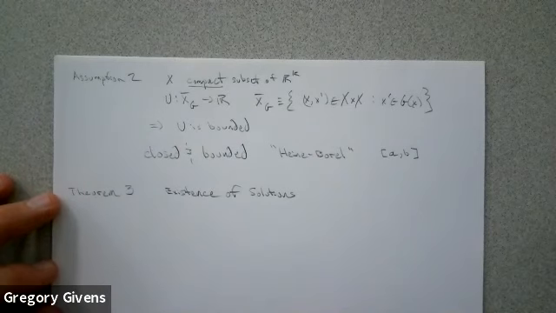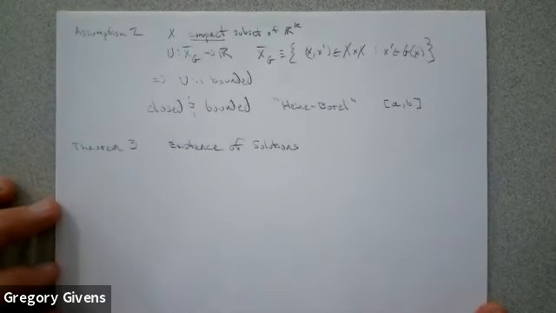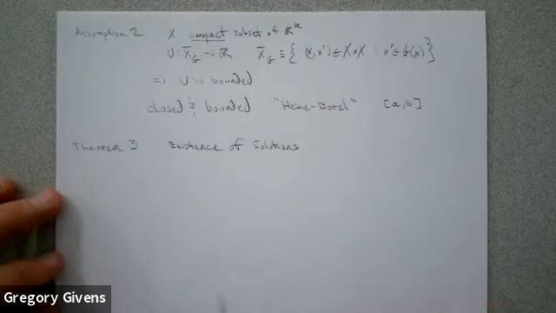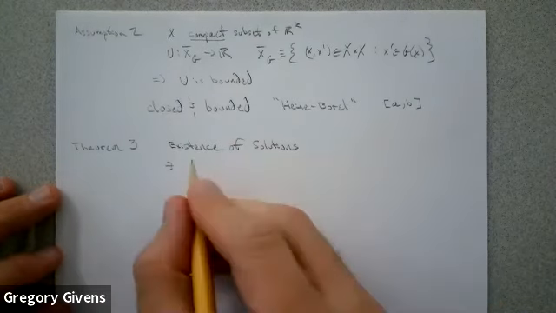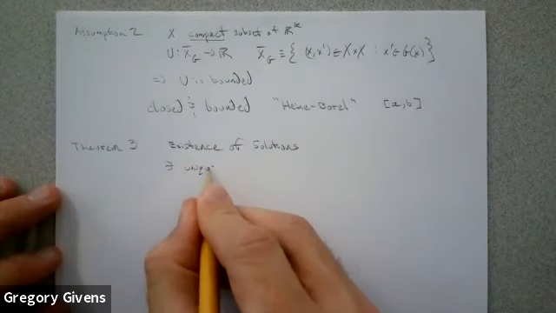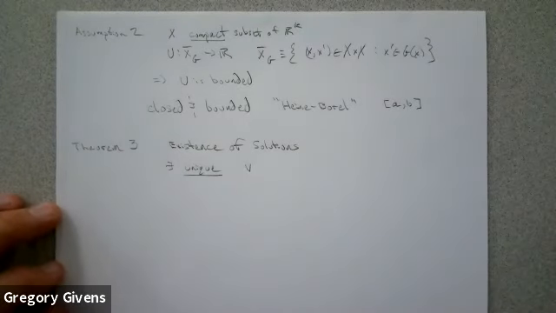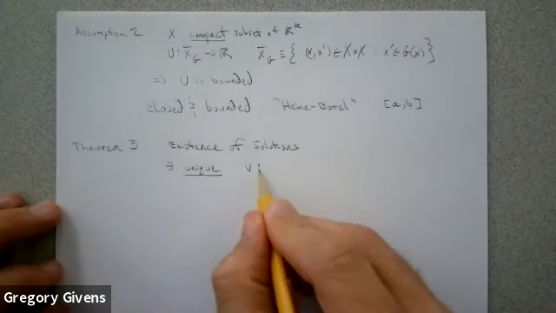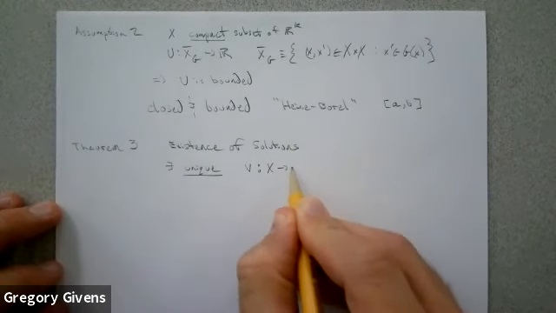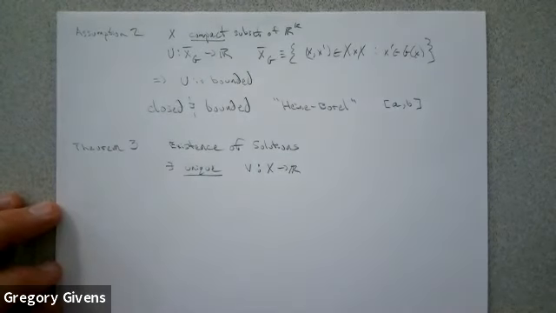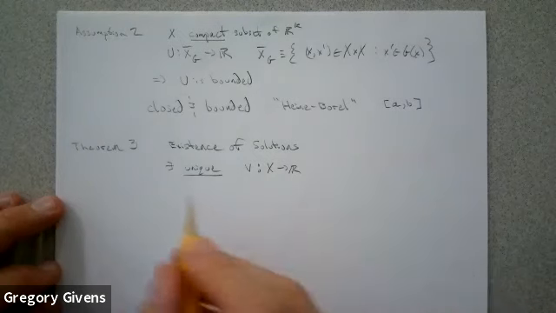Suppose that assumptions 1 and 2 hold. Then there exists a unique, continuous, and bounded function, call it V, that maps elements from big X into the reals, that satisfies the following equation.